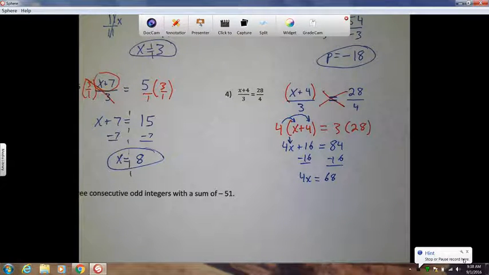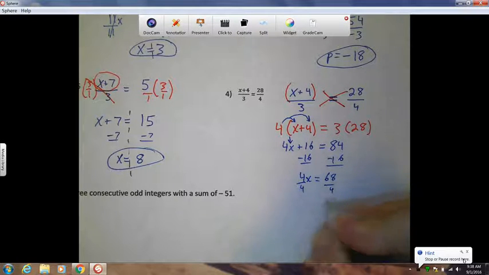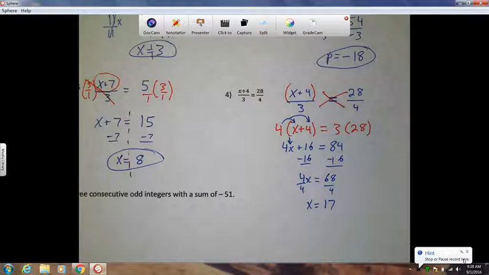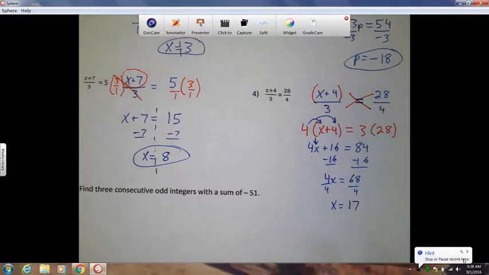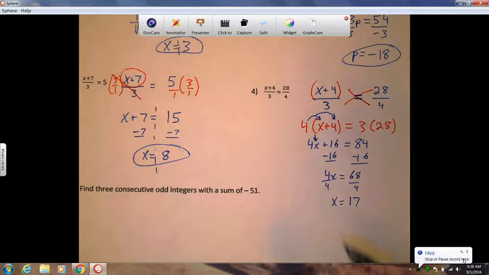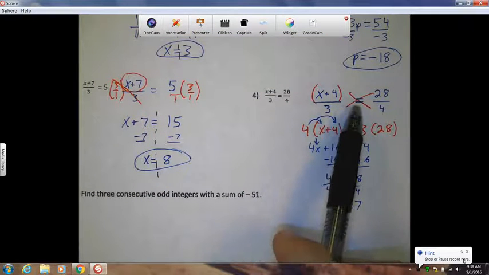Then I can divide by 4. So x is equal to 17. Make sure you compare the difference. Remember to watch this. I can't cross multiply unless there's an equal sign and there's only a fraction on both sides.